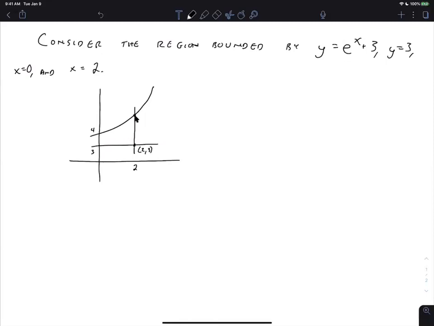And then this point is x equals 2, and now y is going to equal e squared plus 3, my fault. E squared is like 2.7 squared, so maybe a little less than 9, or maybe 8 or 9, somewhere in there. And then you add 3, and it's like 11 or 12, in that ballpark. And again, not to scale, but the point is to look at this overlapping region. So this is the region we're looking at.